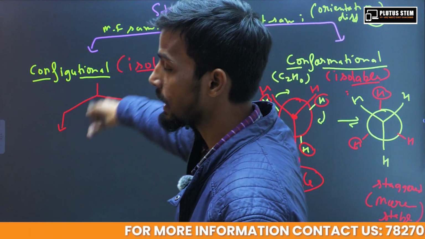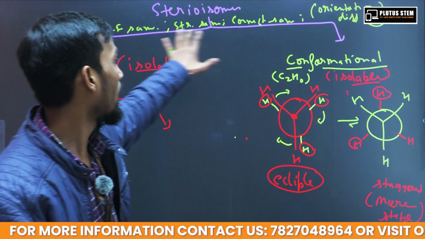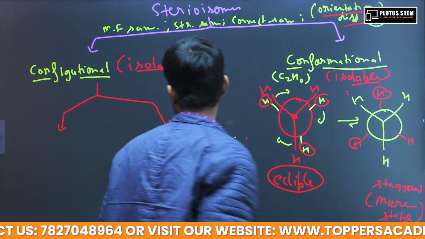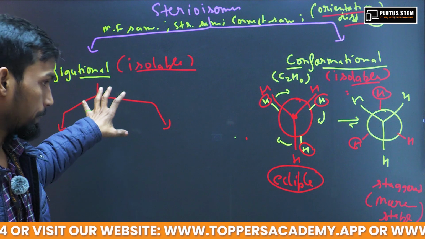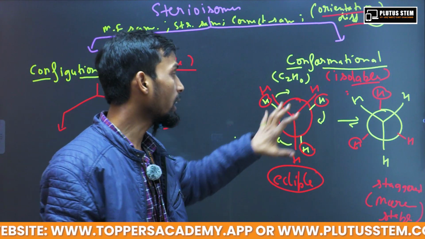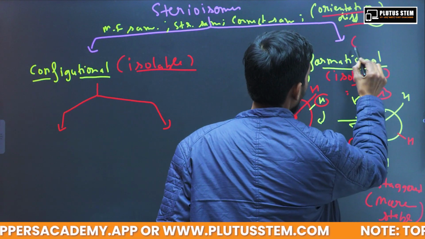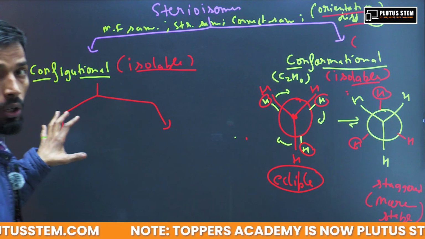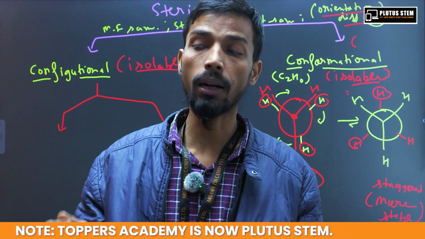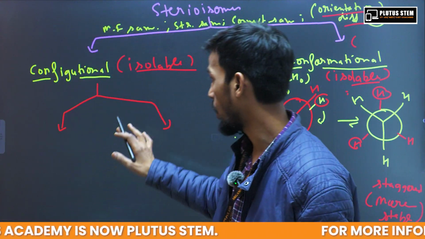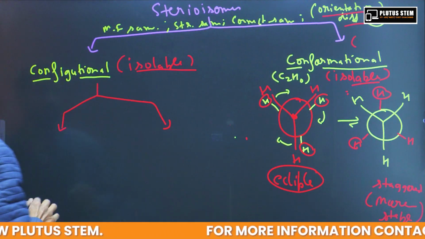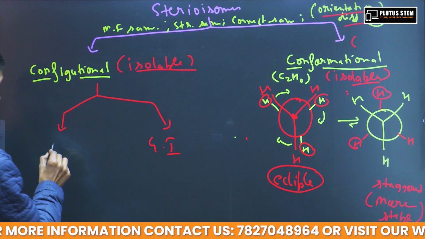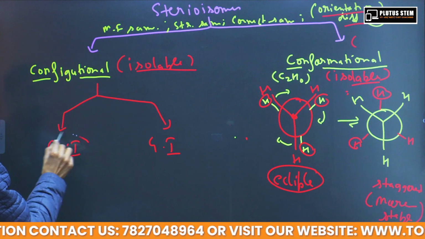In configurational isomers, all things are the same, but the orientation in 3D is different. In conformational isomers we are saying there is rotation around a single bond, but here they do not arise due to rotation around a single bond. These are two different molecules. Generally these configurational isomers are of two types: geometrical isomers and optical isomers.